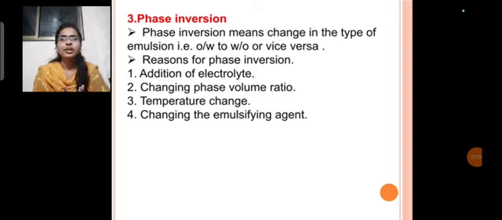What are the reasons for phase inversion? First is the addition of electrolyte, second is changing the phase volume ratio, next is changing the temperature, and next is changing the emulsifying agent. These are the reasons for phase inversion.